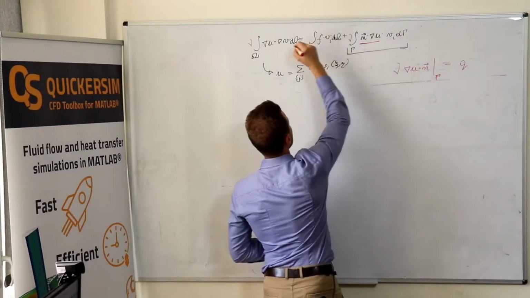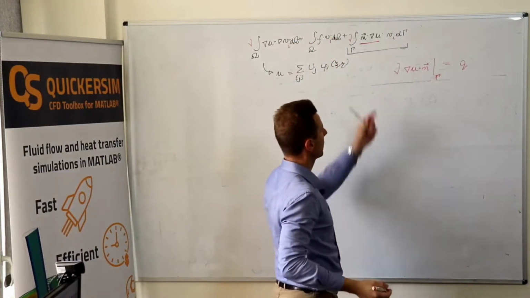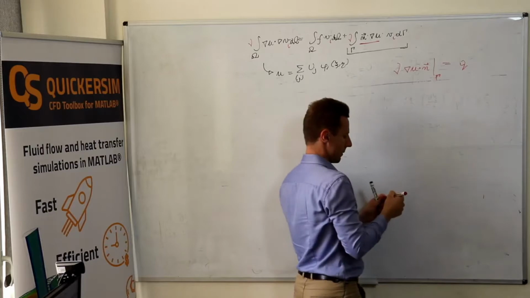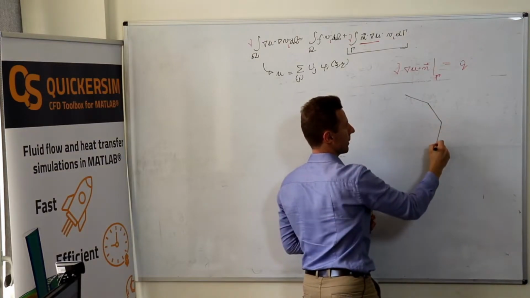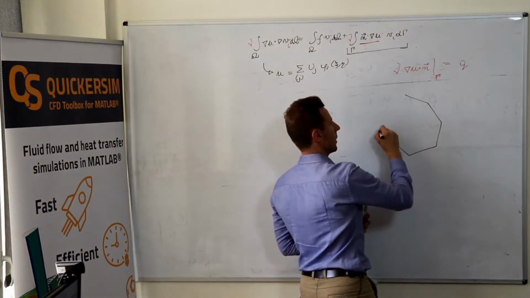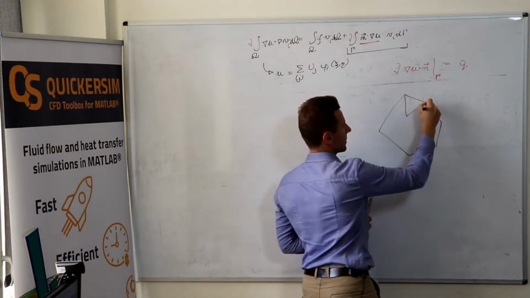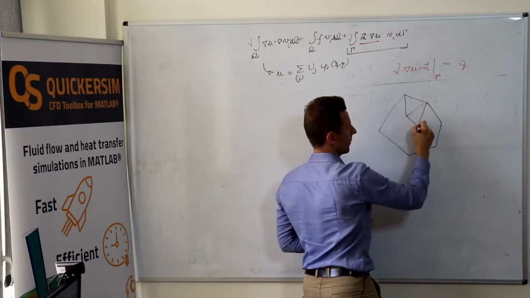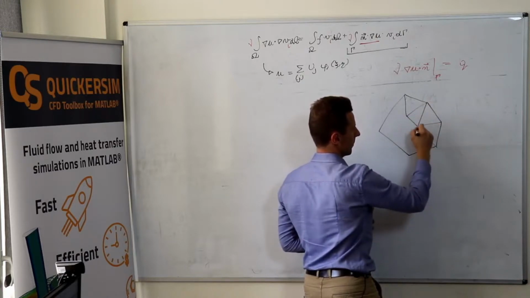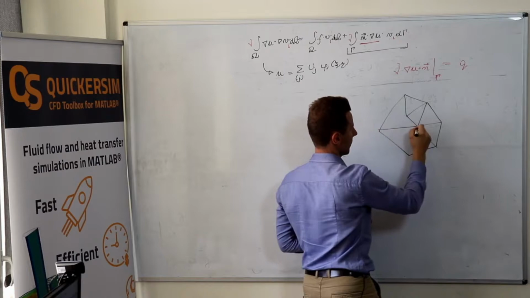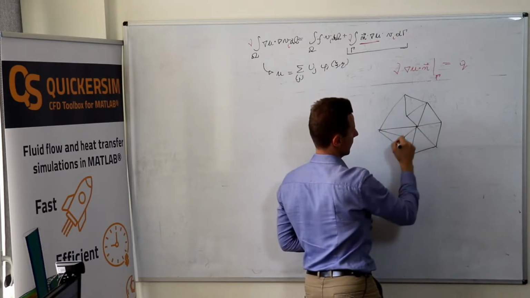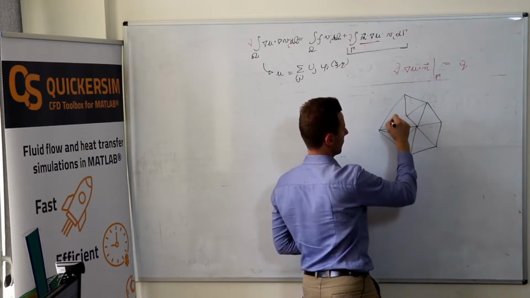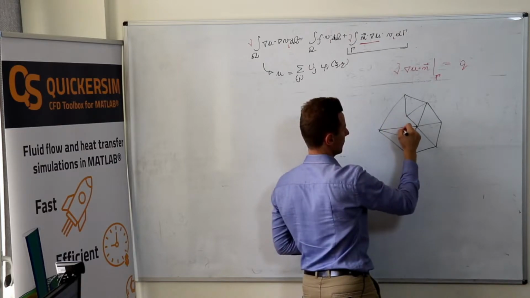You would choose some function v. If you want to implement the Neumann boundary condition, this is your mesh. Not a very beautiful one, but whatever.